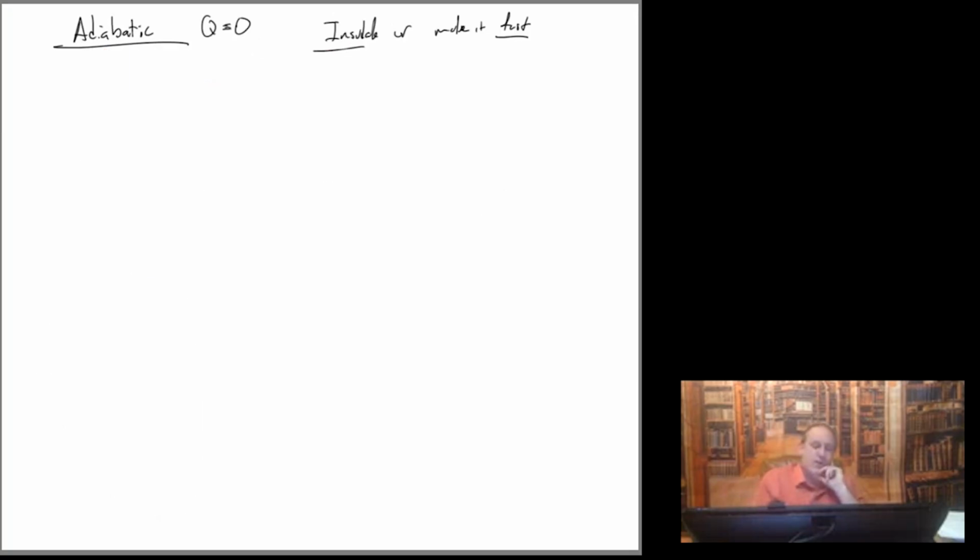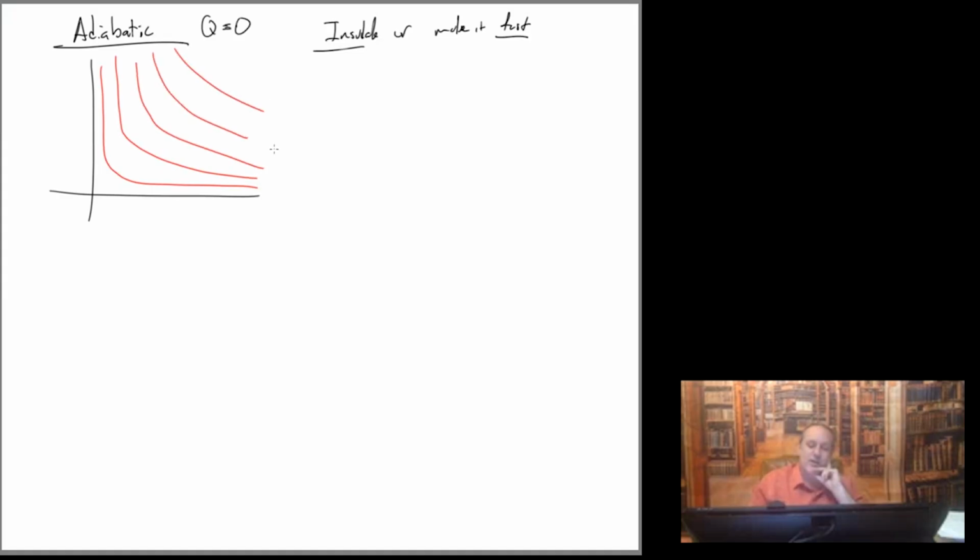So what we can do to visualize adiabatic is we can start off by drawing these isothermal curves. These are known as just isotherms. And then we look at what the temperature does when the adiabatic process does work.